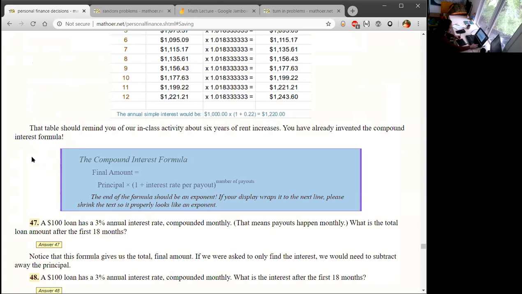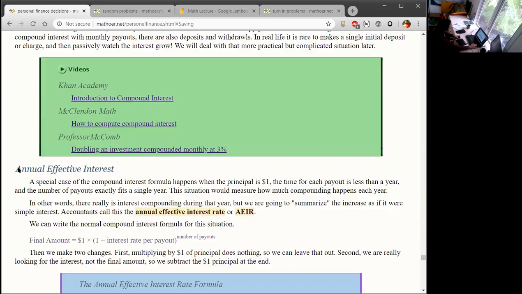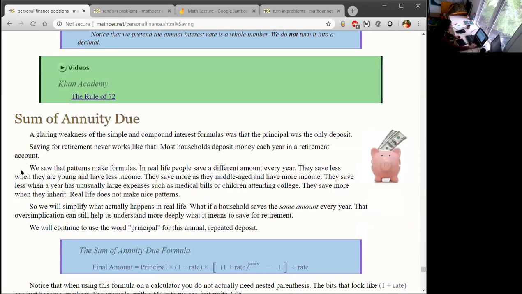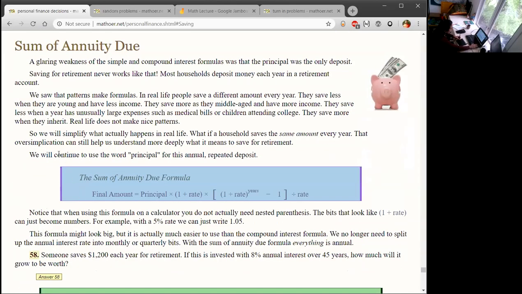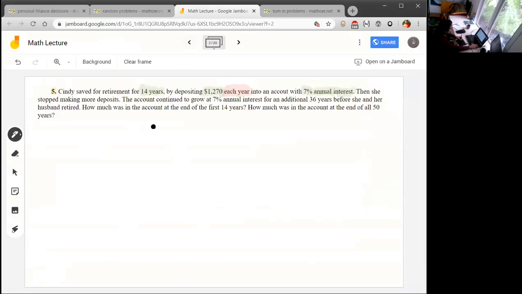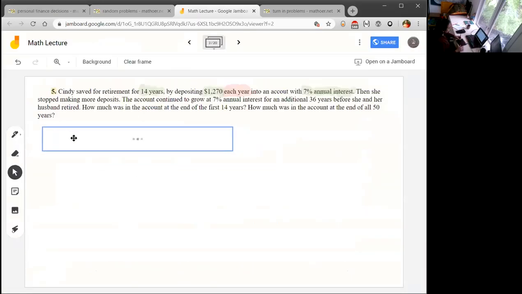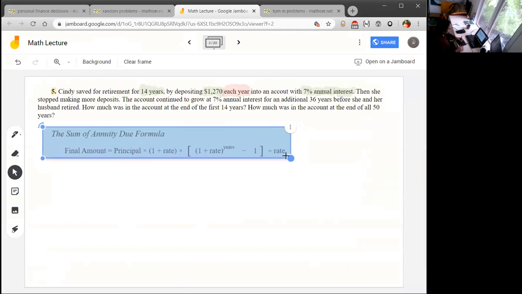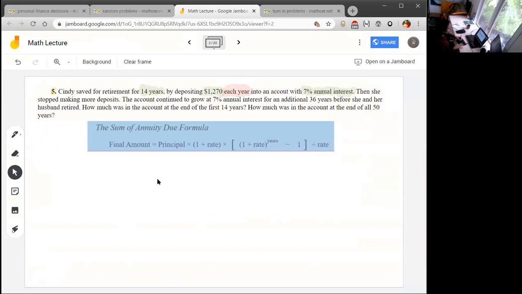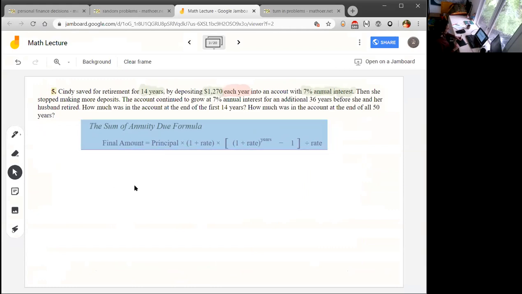Yes, different formula, not compound interest, but the one called sum of annuity due. And just to refresh your memory, this formula looks longer, but it's actually nicer because we never do it with anything other than plain old annual payouts. So it never uses the weird divided by 2, divided by 12 times 12, or divided by 52 times 52.